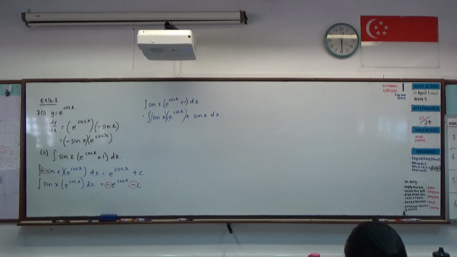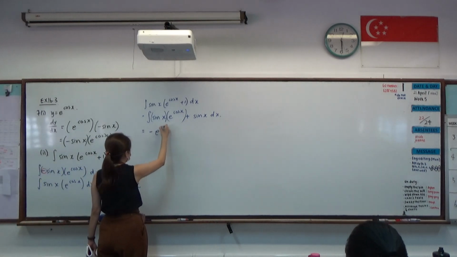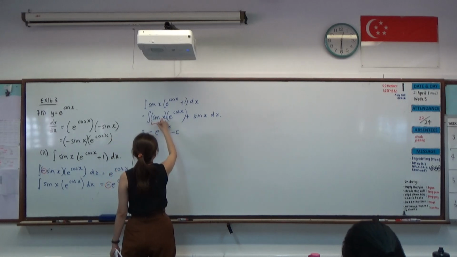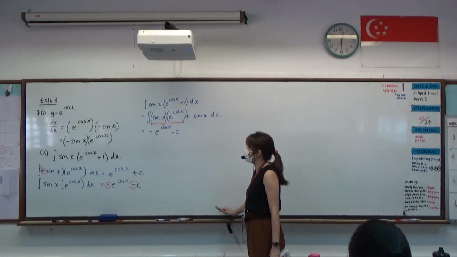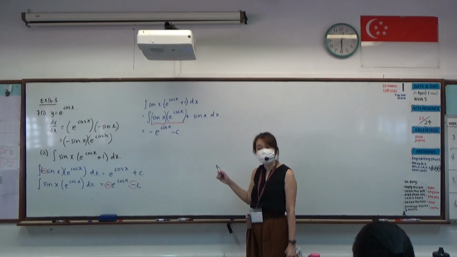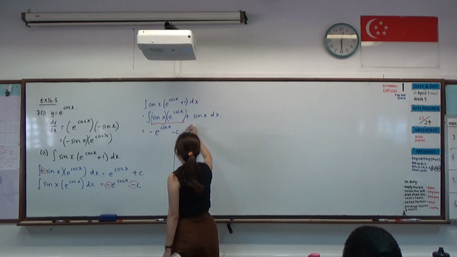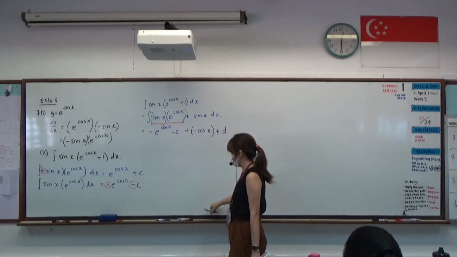Alright, so we know how to integrate sine x e to the power of cosine x. We bring it here, that is actually negative e to the power of cosine x minus c. Then the next issue comes with our sine x. Integration of sine x, we are definitely aware of that, will actually give us plus negative cosine x, and then we get a plus d.